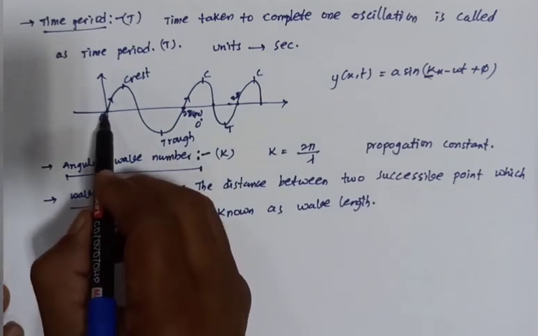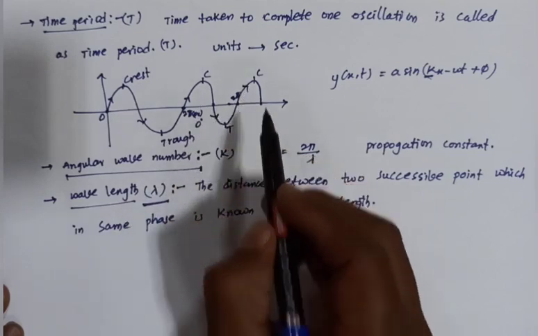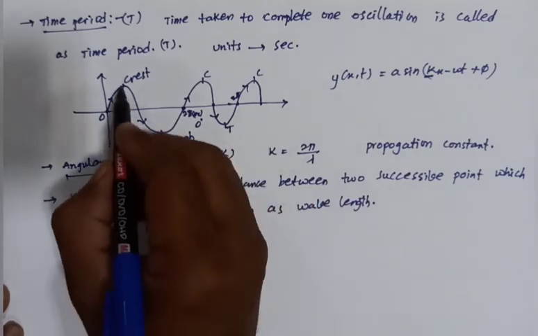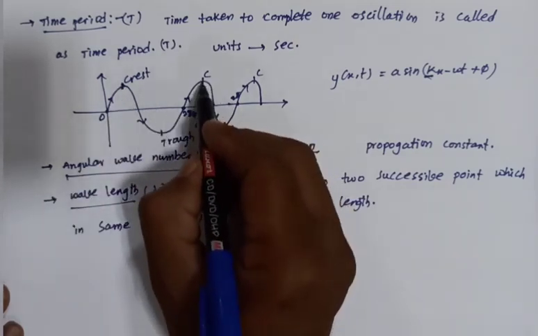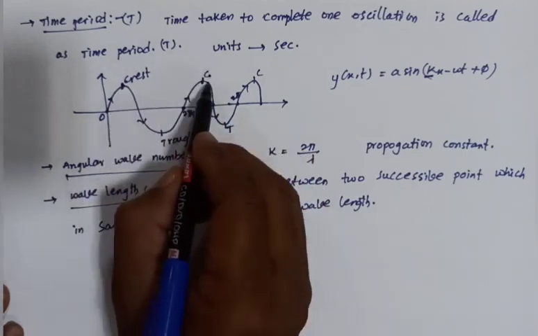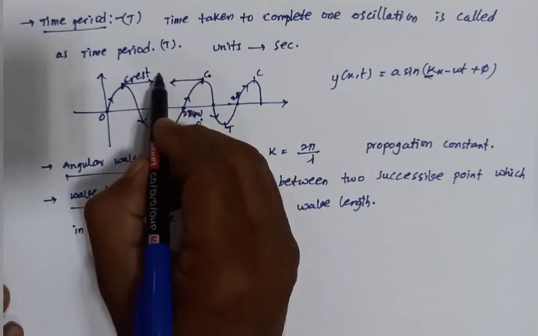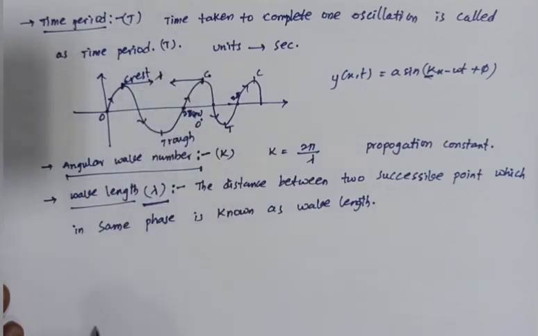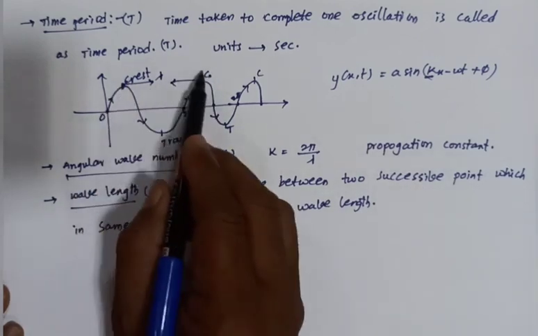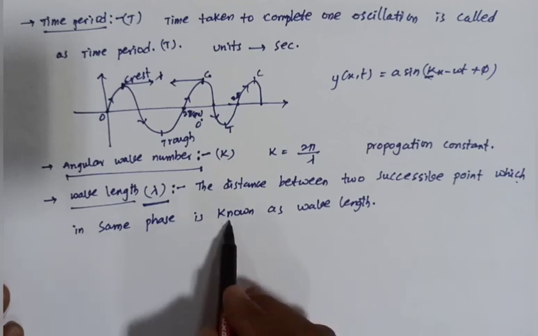This is the direction of the wave. So the distance between two continuous crests is the wavelength, the distance between two successive points which are in the same phase.